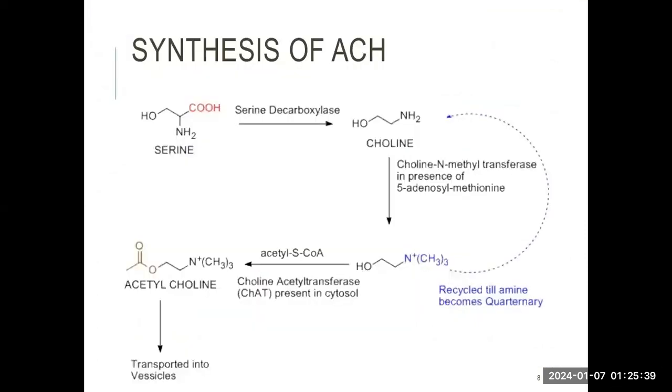Synthesis of acetylcholine: choline is synthesized from serine by serine decarboxylase, and that is then methylated by choline methyltransferase in the presence of S-adenosyl methionine. Remember that S-adenosyl methionine is the universal methyl group donor.